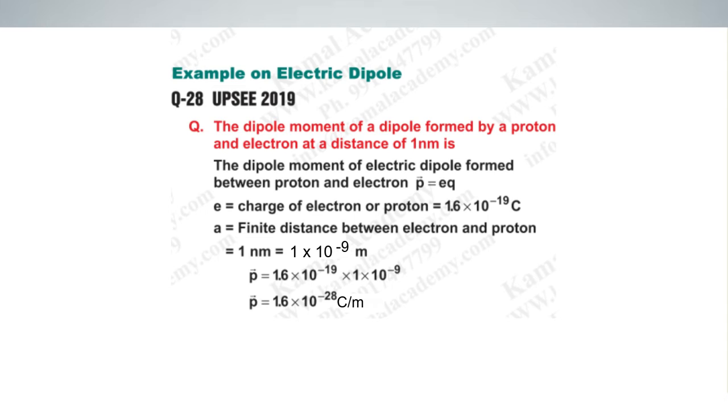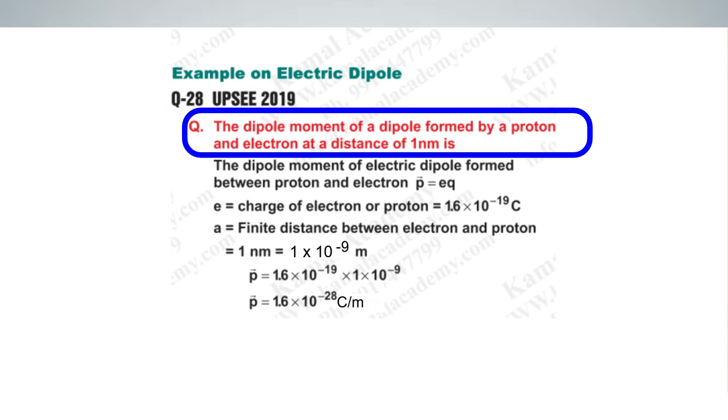This is question number 28 asked in UPSEE examination 2019. The dipole moment of a dipole formed by a proton and electron at a distance of 1 nanometer is.